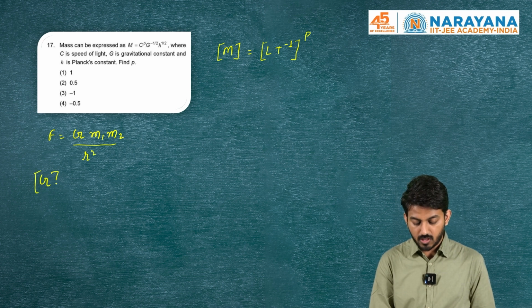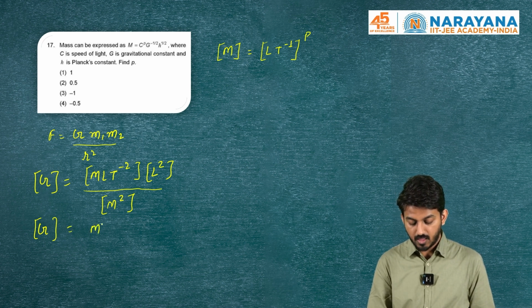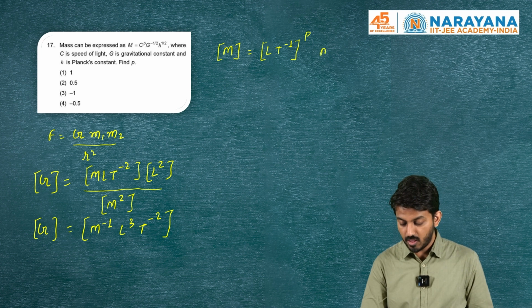So G is equal to m L t minus 2 for the force, L squared for r squared, and m squared for m1 m2. This being equal to m minus 1 L cubed t minus 2. So we have m minus 1 L cubed t minus 2 raised to power minus half.